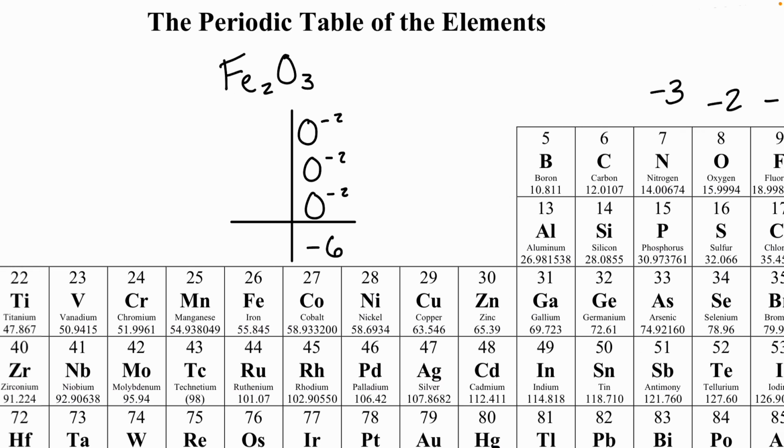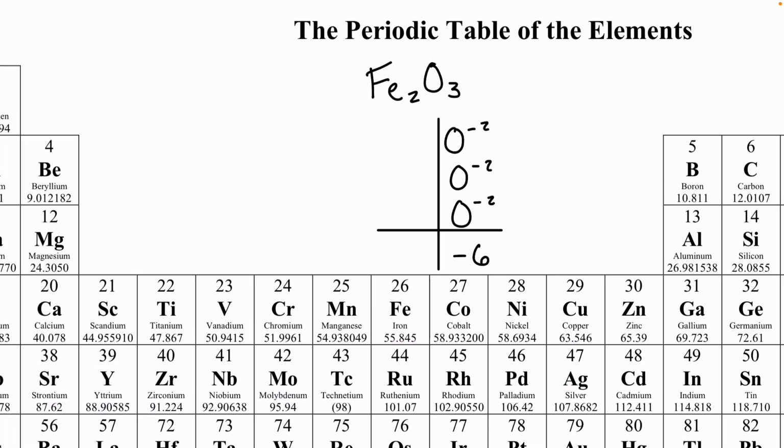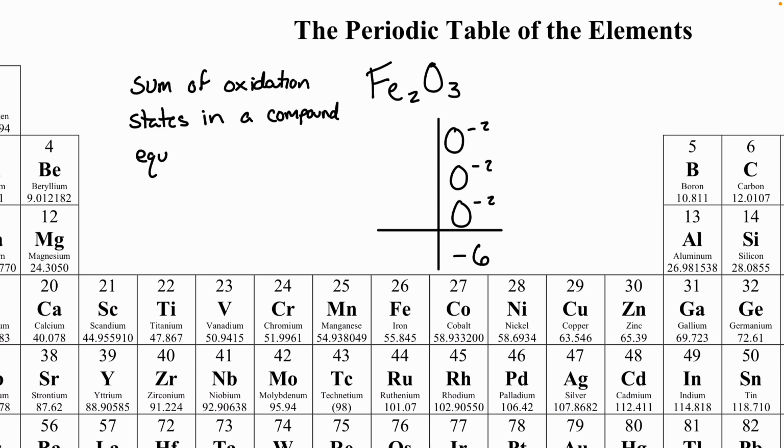There's going to be this important rule that we're going to use over and over again, which is the sum of the oxidation states in a compound equals its net charge.